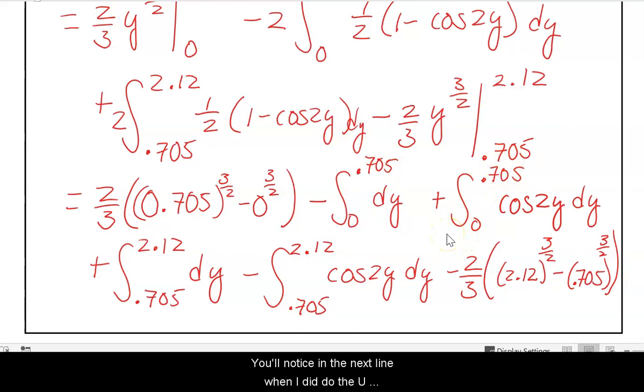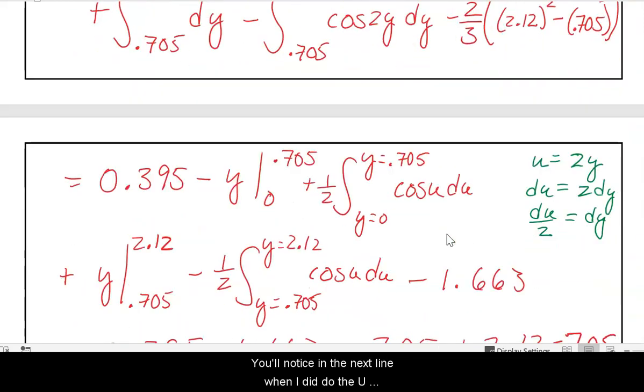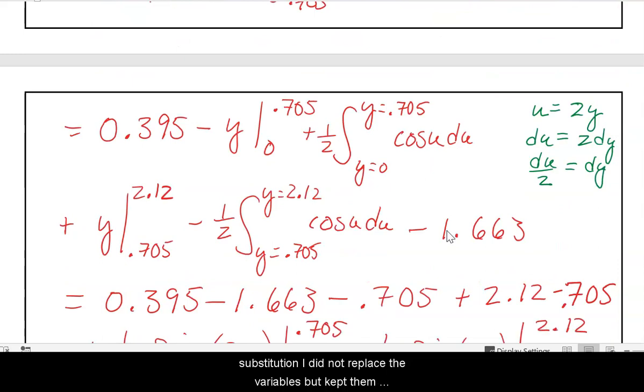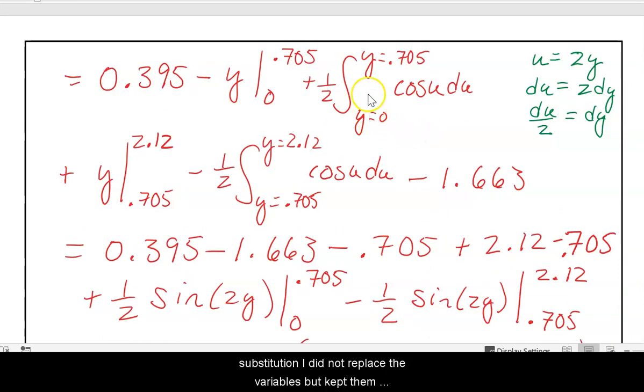You'll notice in the next line, when I did do the u substitution, I did not replace the variables, but kept them as their y values. I thought this would be simpler than having to reverse and go to u, but perhaps I was mistaken and you chose to switch the limits of integration and found it to be simpler.